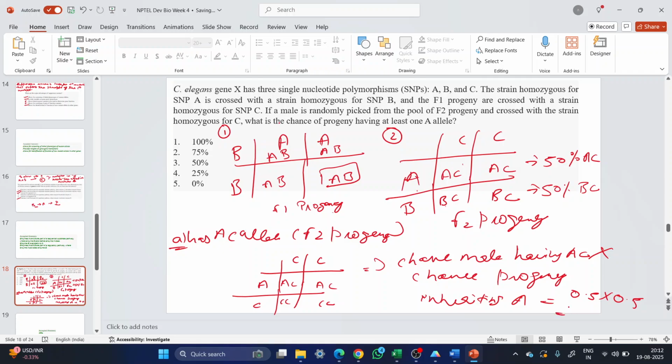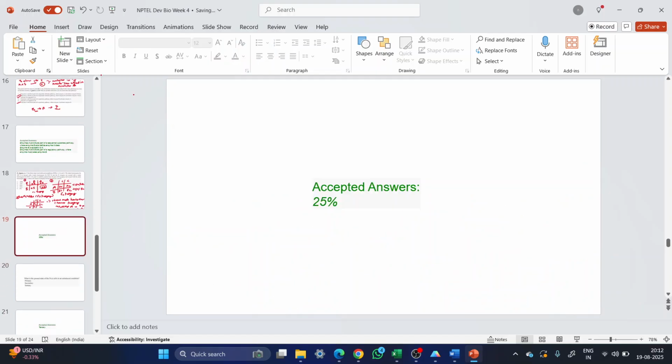So this becomes 0.25, which is 25%. And if the male has BC as the allele, then the chance is 0 because there is no A, and because it is crossed with CC, here also it is null. So the correct answer would be 25%.